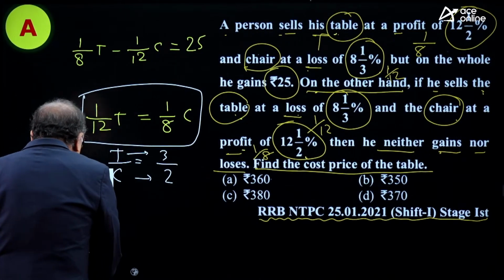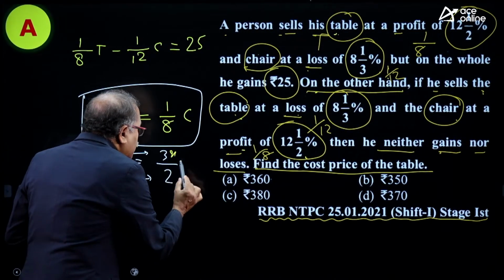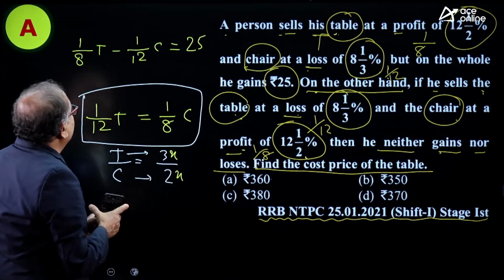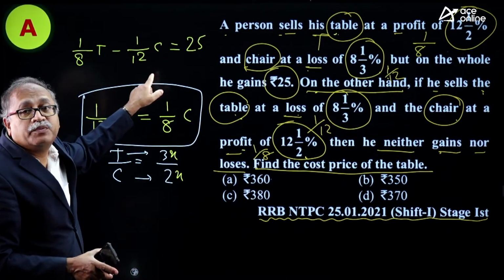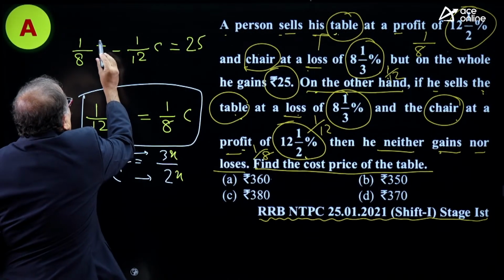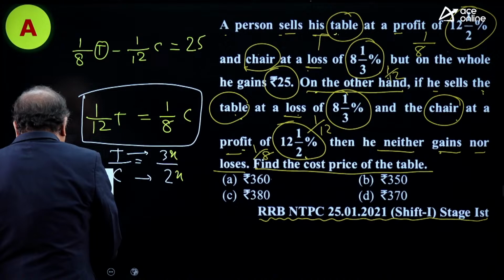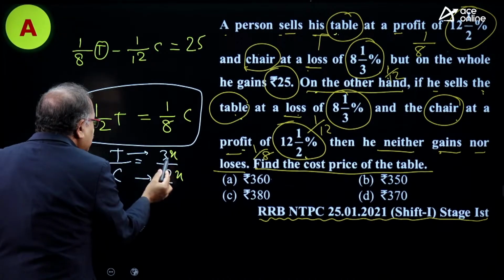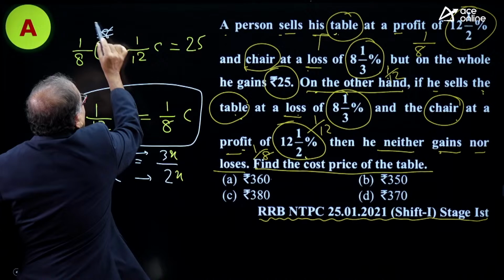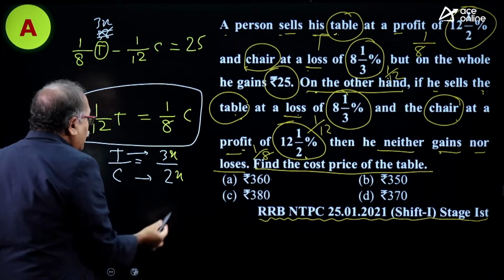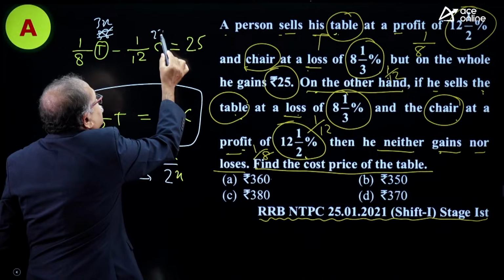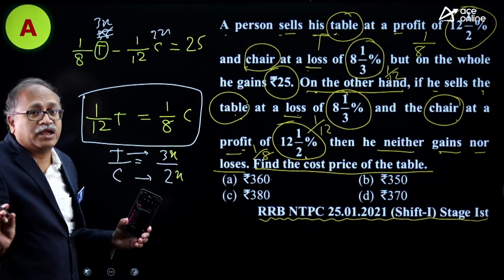So can I write this as 3x and this as 2x? And can I apply this in the first equation, which Deepak has already done? In the place of table, I will place 3x, and in the place of chair, 2x. I am just copying what Deepak did.